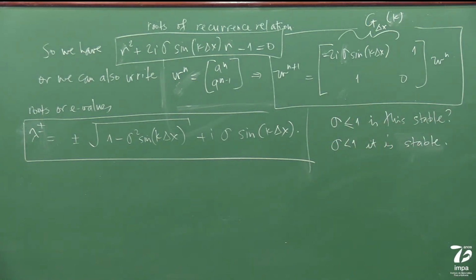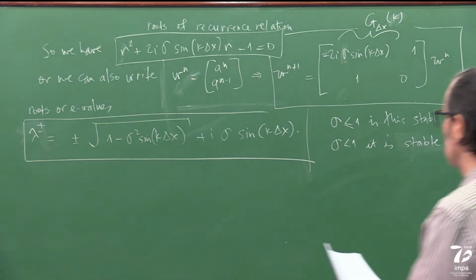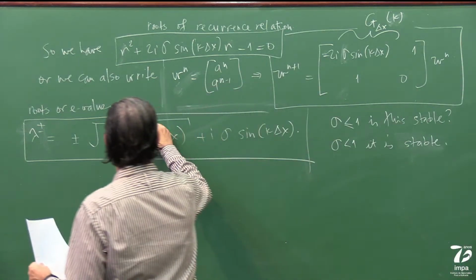You can check and see that for sigma less than 1, it is stable. Say it, Marcel. But lambda is not always 1... Lambda is always 1, and maybe I'm missing something here. Yes, you're right.